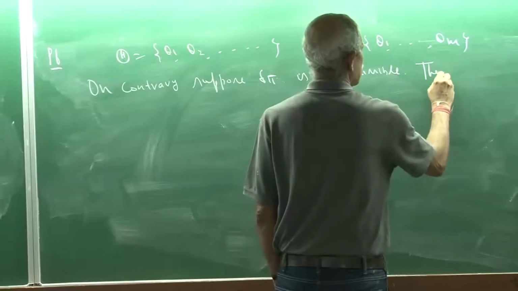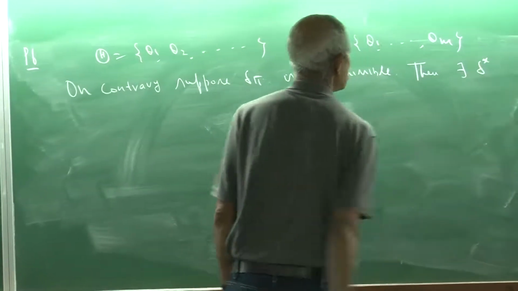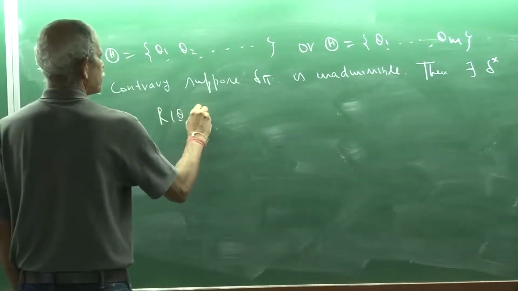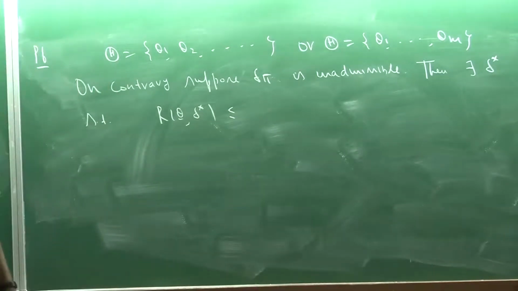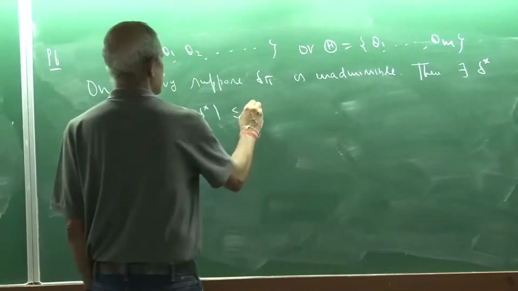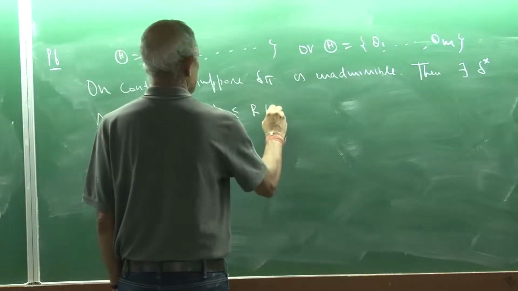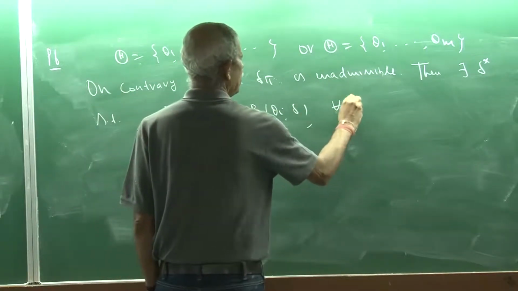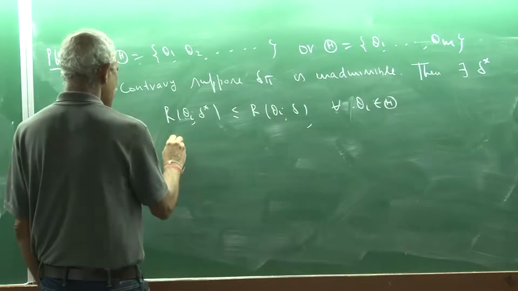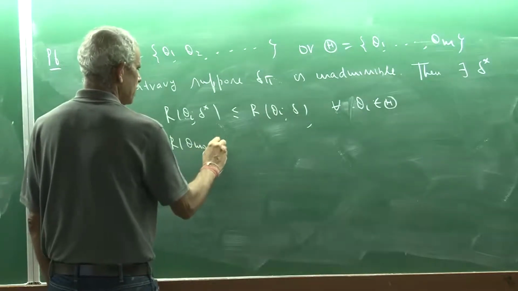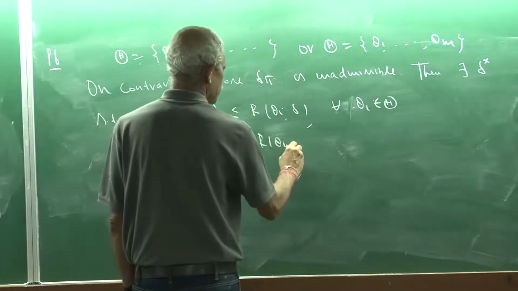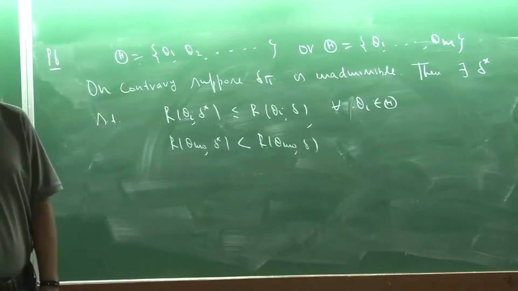Then there exists a delta star such that r(theta I, delta star) is less than or equal to r(theta I, delta) for every theta I belonging to theta, and r(theta m naught, delta star) is strictly less than r(theta m naught, delta) for some m naught.